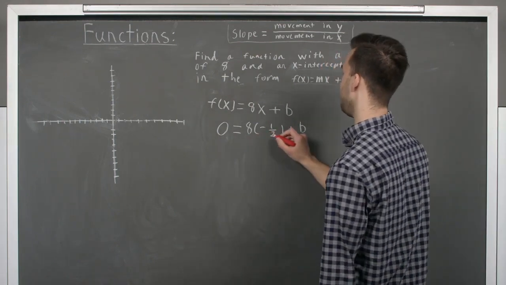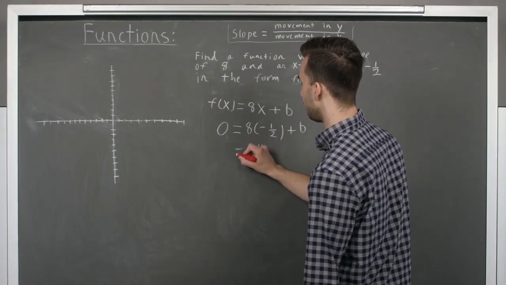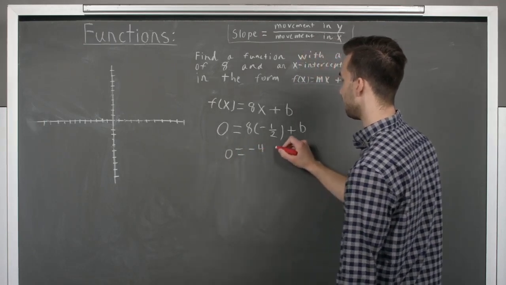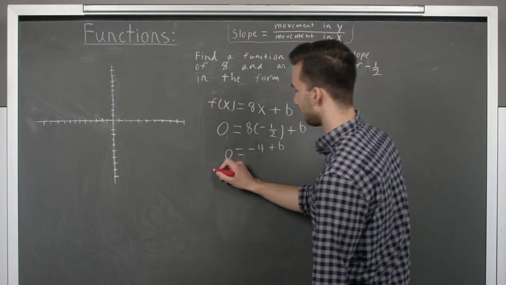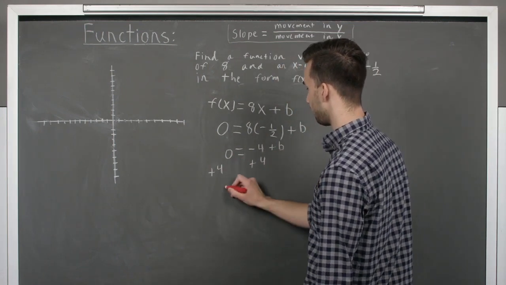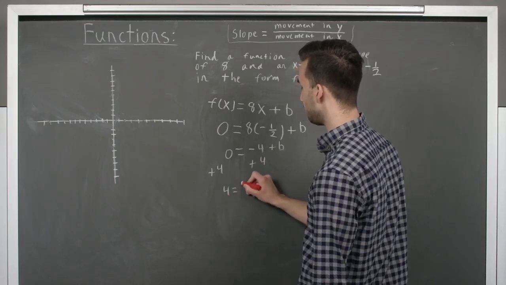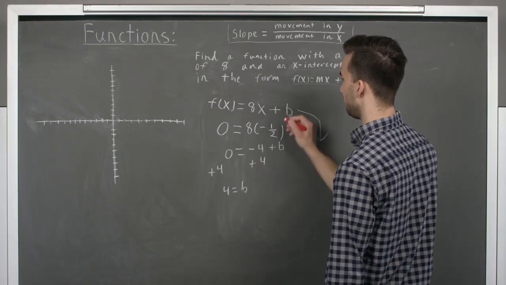So what is 8 times -1/2? That gives us -4. So 0 equal to -4 plus b. And let's add +4 to both sides. So we have 4 is equal to b. What this means is we can rewrite our function with this new b value.